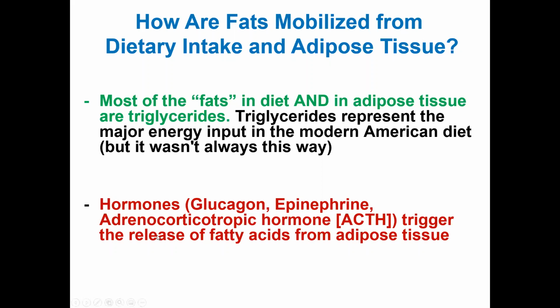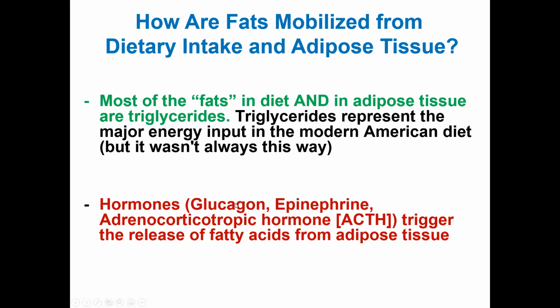ACTH, also known as corticotropin, is basically a peptide hormone. It's called a tropic hormone. It's produced and secreted by the anterior pituitary gland. It's a very important hormone whenever there is a stress signal for the body. Okay, and it works in the neuroendocrine system.